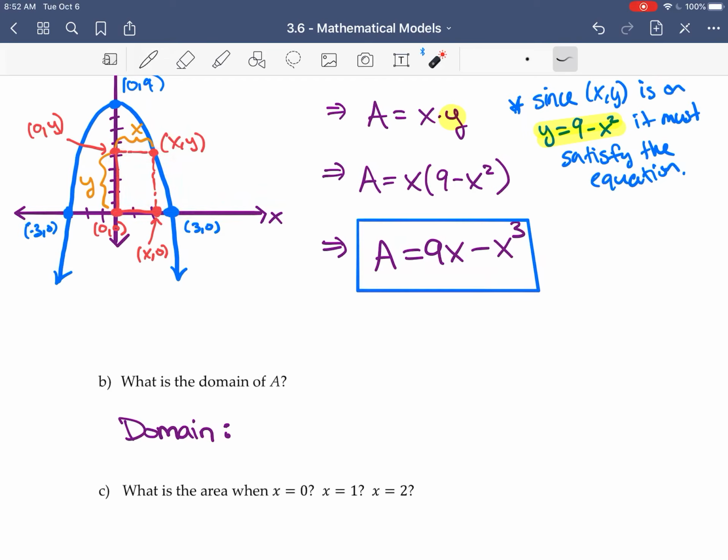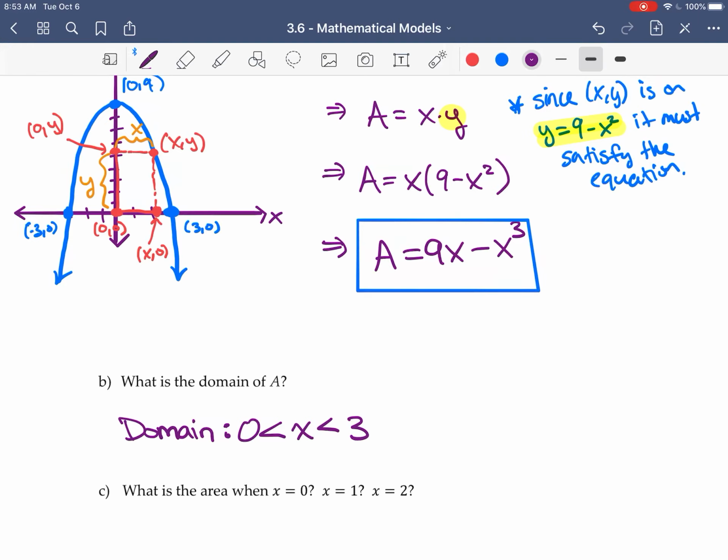So the biggest x can be is 3. The smallest it could be, because I'm in quadrant 1, is 0. I don't want my x over here because then I get a rectangle in quadrant 2. It could be here, and I would have a really skinny rectangle, which would be fine. So x is between 0 and 3.